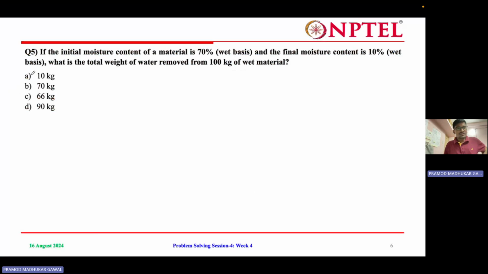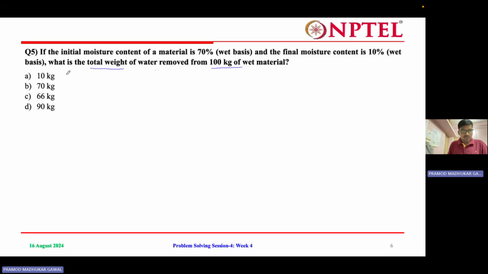Question 5: if the initial moisture content of a material is 70% on a weight basis and the final moisture content is 10% on a weight basis, what is the total weight of water removed from 100 kg of wet material? Here the wet material weight is given as 100 kg.